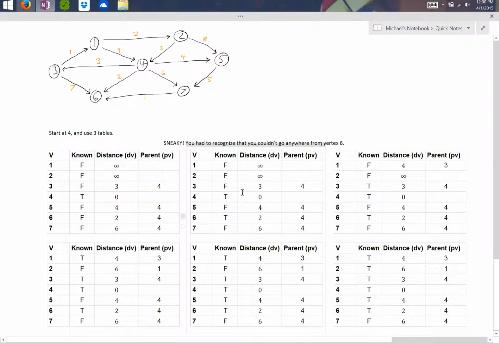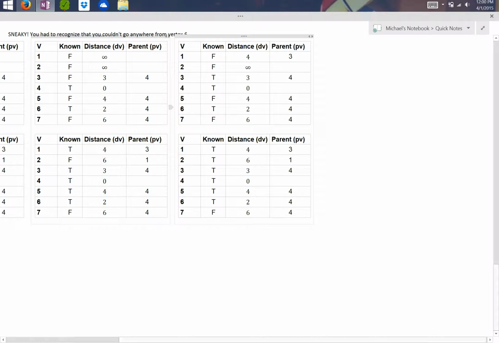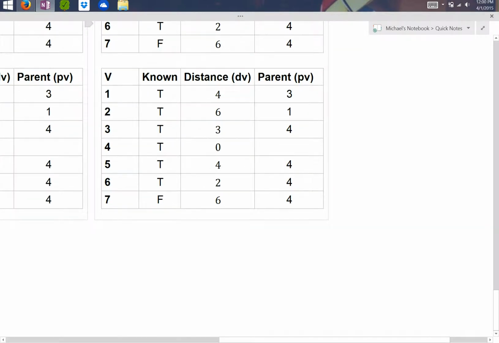We'll go to the last table, because this is the table we'll be looking at. We go to this one, which should be marked as true. We say vertex 7 is what we want to get to, starting at 4. What is the quickest way we can get there? It turns out the quickest way will be a cost of 6.